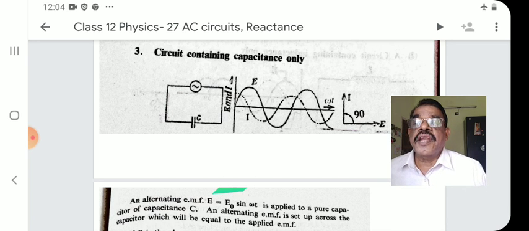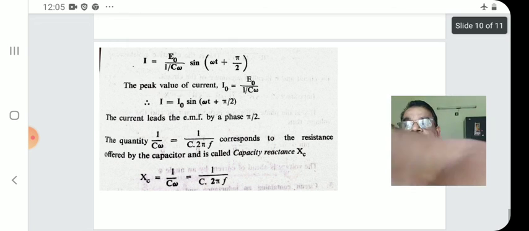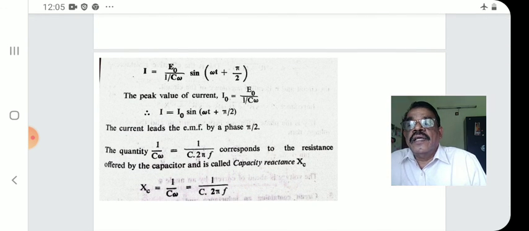We start the dotted line graph for current from the top, above the origin. In the inductance, we start the current graph from a point below the origin. This graph shows the current leads the voltage EMF by a phase equal to pi by 2. So the reactance of the capacitance is Xc equals 1 by C omega, 1 by C into 2 pi f.